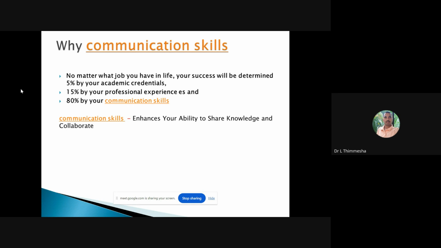Their confidence level is very low and they are not outspoken. They may be good in technical subjects, and they openly said the students at the college entrance were very good, but they are not capable of explaining what they have learned in four years of engineering.